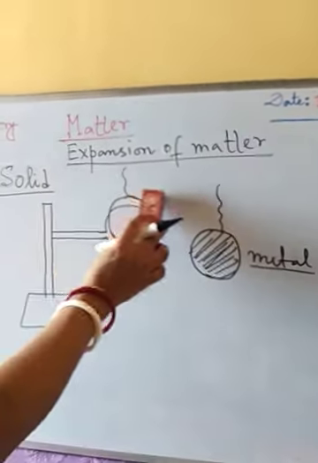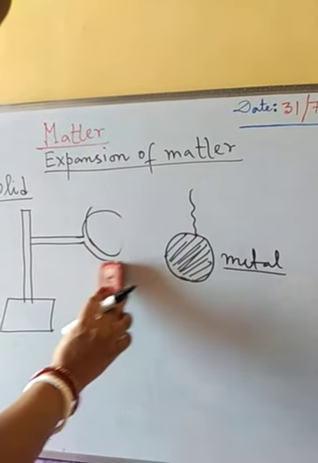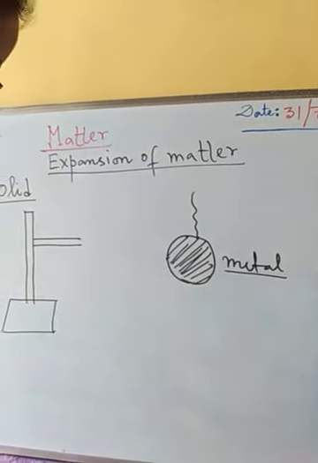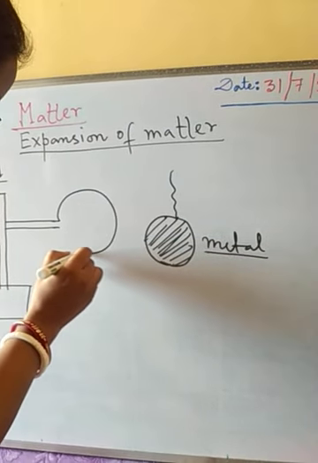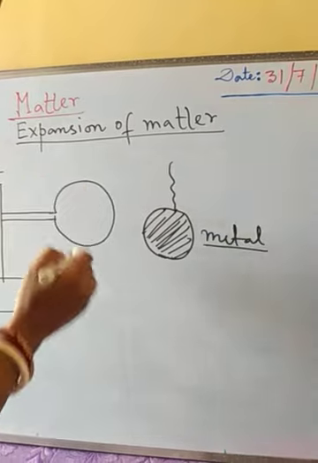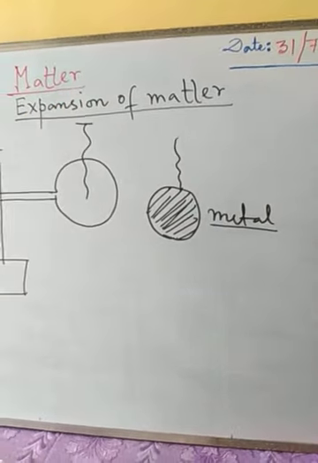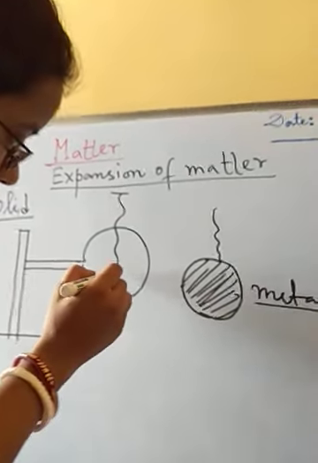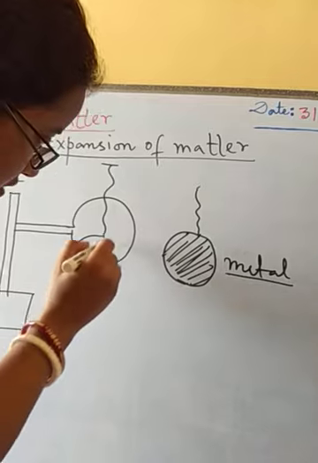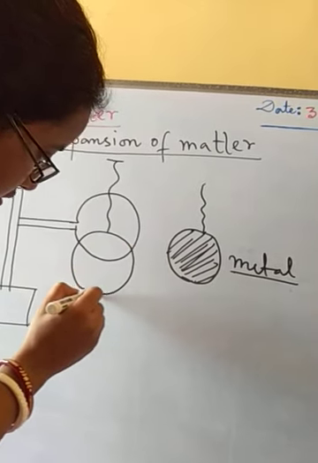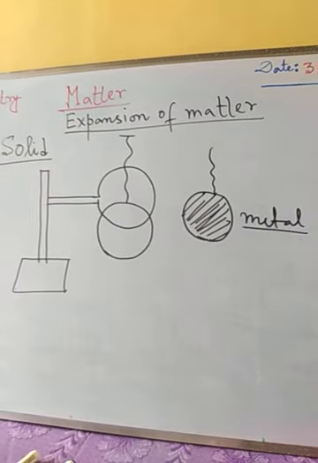Afterwards, after passing this, see, this is the ring, and when we pass the sphere, maybe you can hold it with your hand. So it will pass through the ring and hang in this manner.